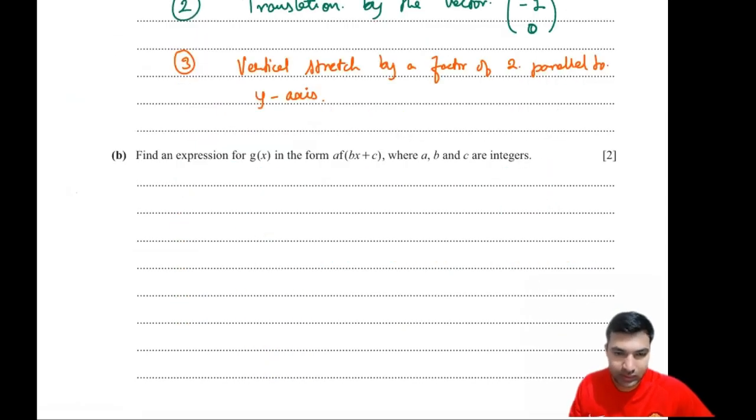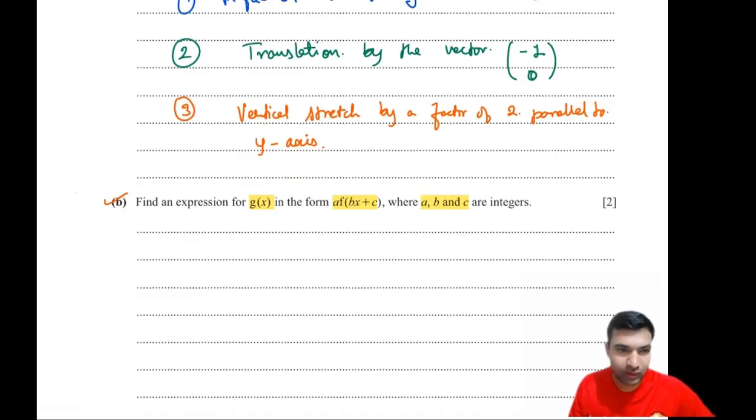Now, the second question is, find an expression for g of x, in the form of a times f of (bx plus c), where a, b, c are integers. So the same transformations, I need to put in the form of an equation. So how will it look?